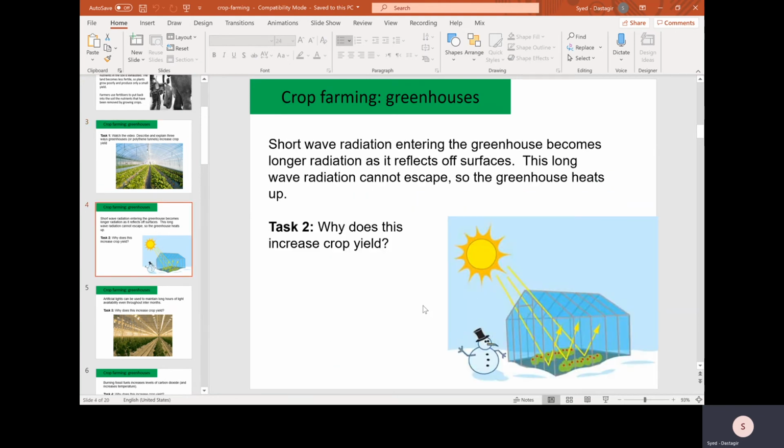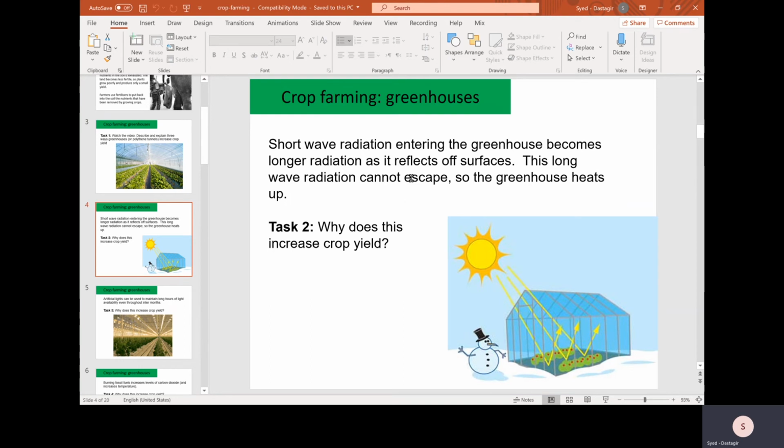Now, short-wave radiation. Here, when it's cold outside, as you can see from the picture, greenhouses can trap heat. So short-wave radiation from the sun becomes longer radiation and it reflects off the surfaces.